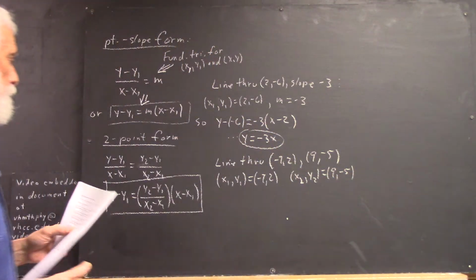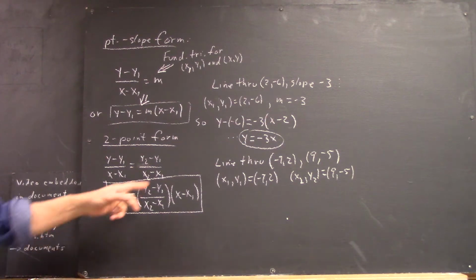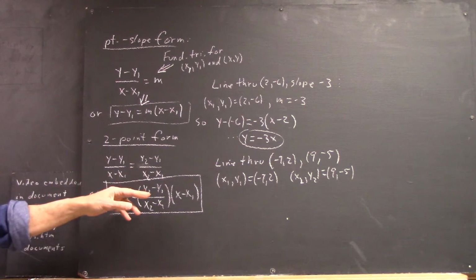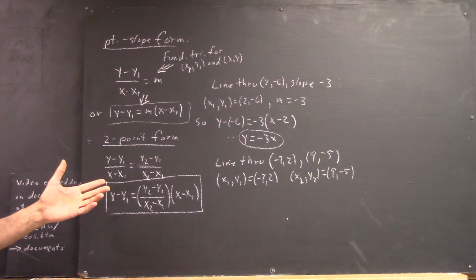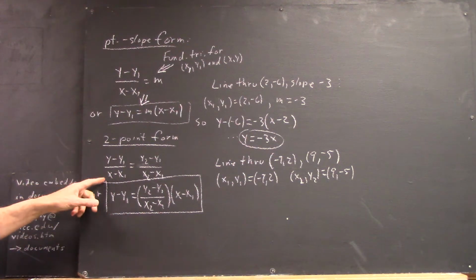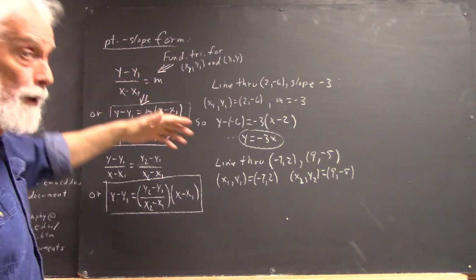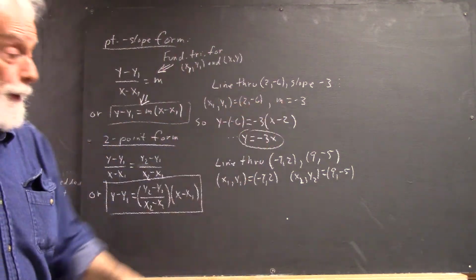And all we need to get the equation is an x1, a y1, an x2, and a y2, right? Everything else is just plain old x and y, and of course our equation is going to have just an x and a y in it.